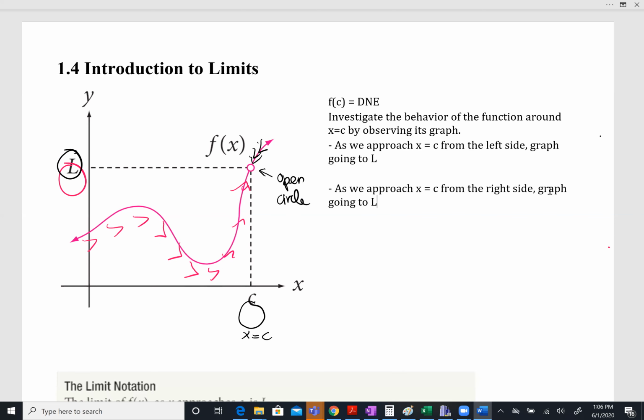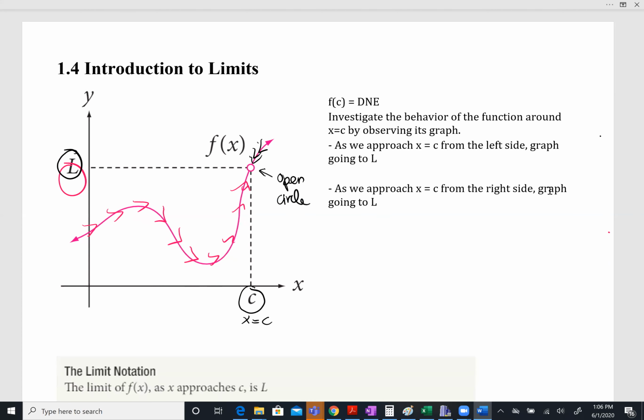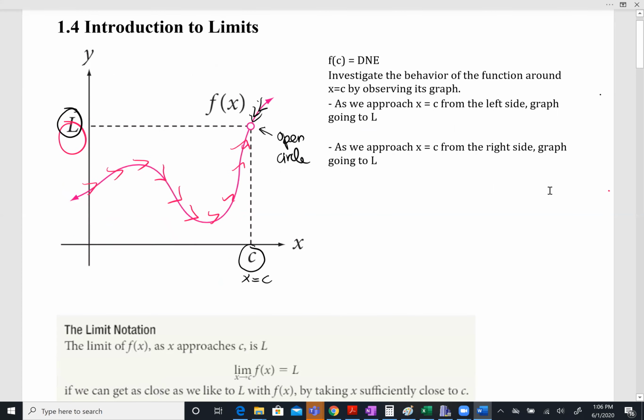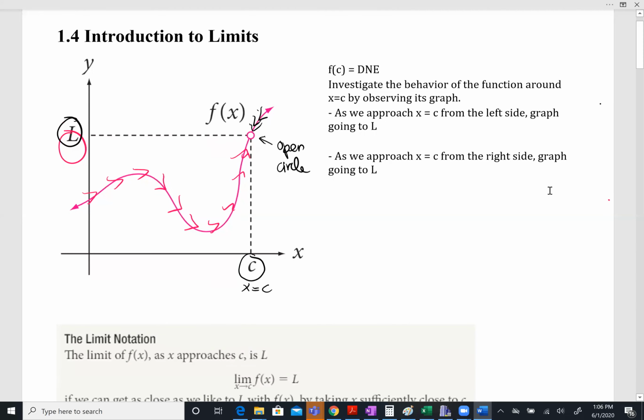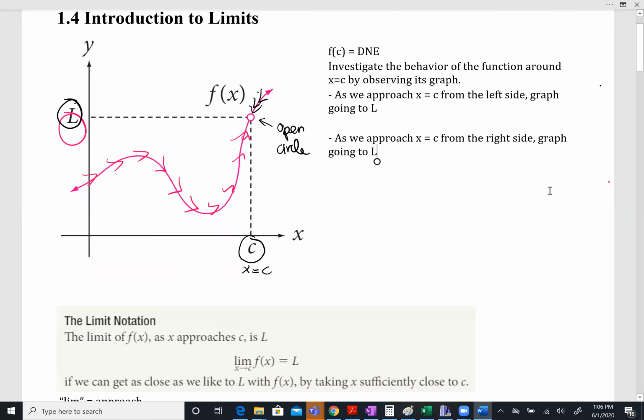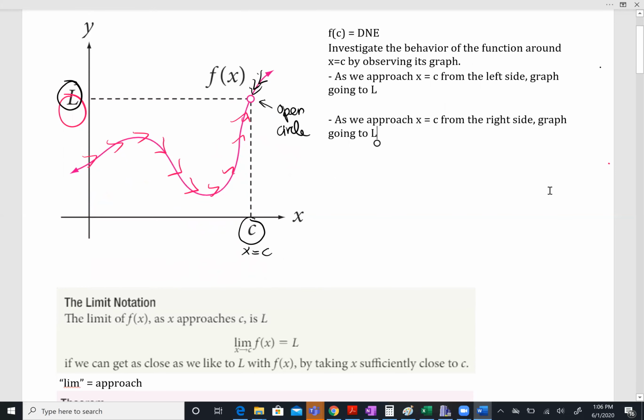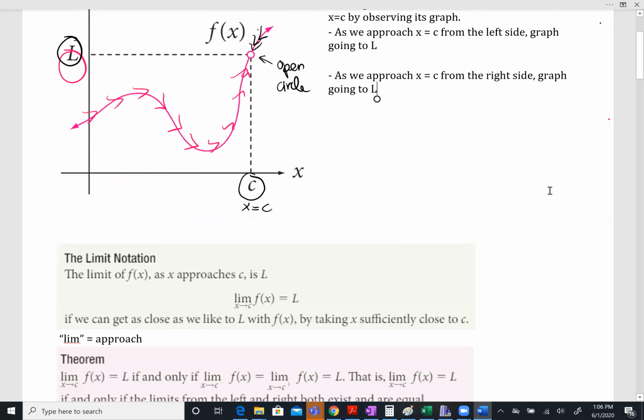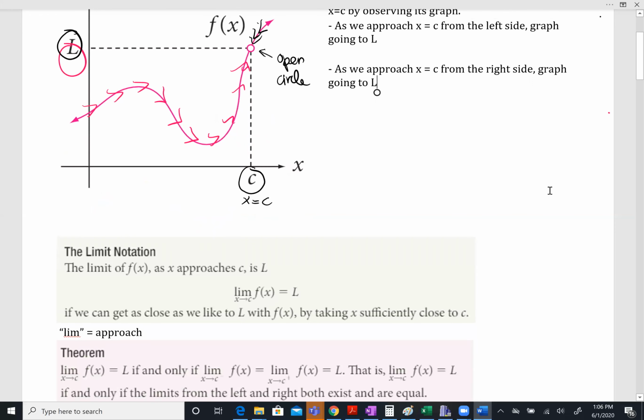So all right. Now I'm going to talk about the definition of limit and the limit notation. So if I say limit, it actually means approach.